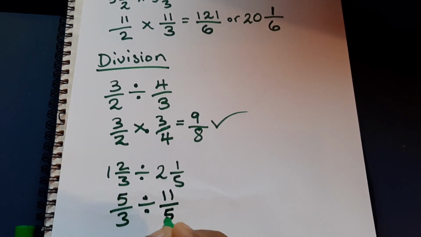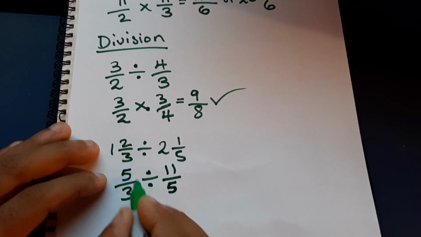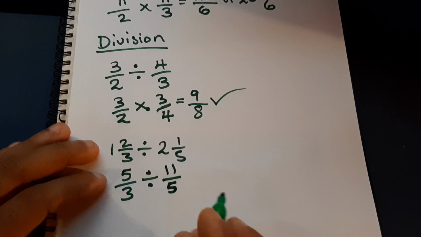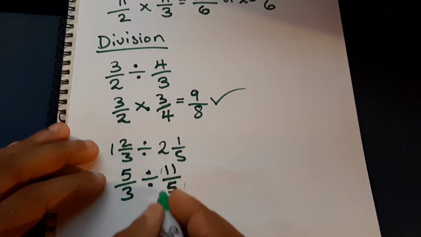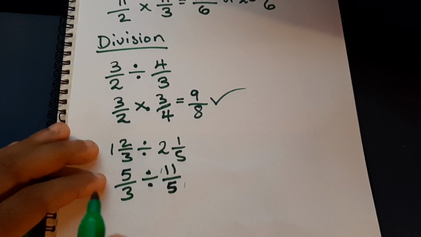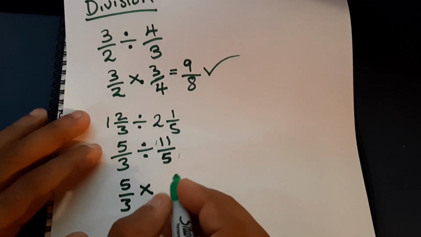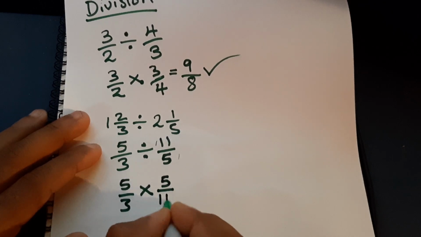Next thing I'm going to do, remember, we cannot work with the division sign. So we need to change this division sign to a multiplication sign, then flip the fraction behind the sign, or reciprocate the fraction behind the sign. So I'm going to rewrite the first fraction, change the division sign to multiplication, then flip the fraction behind the sign.